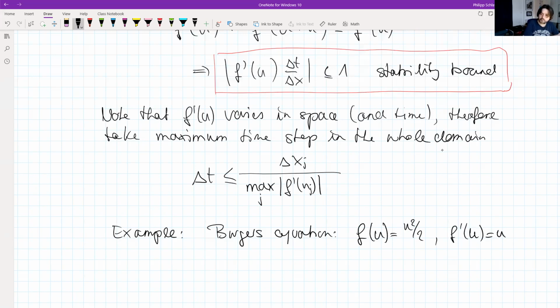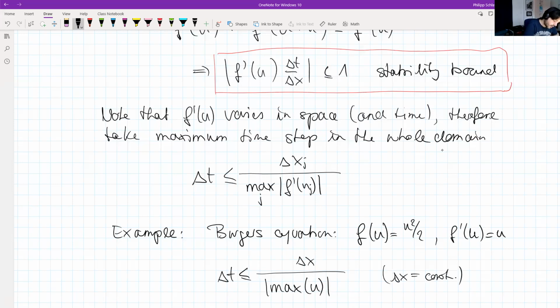And if I'm using the upwind scheme as I was just saying, then my delta t, to do that dynamically, would be delta x divided by the maximum of the velocity or the solution u in the whole domain, if I assume that I have a delta x being constant.